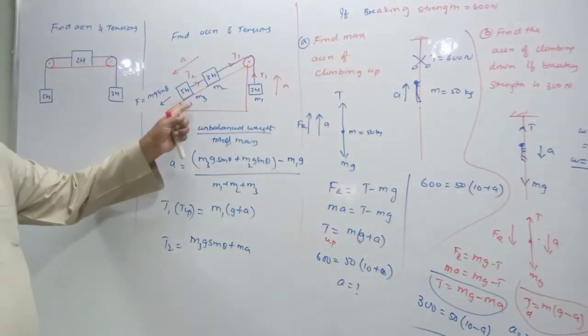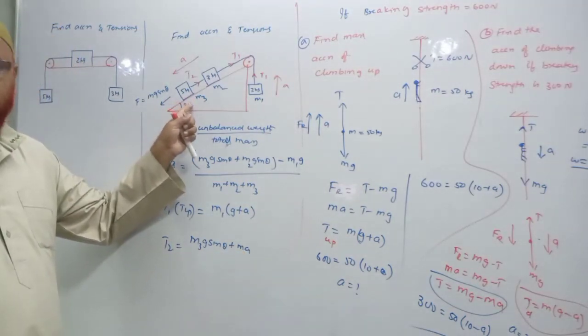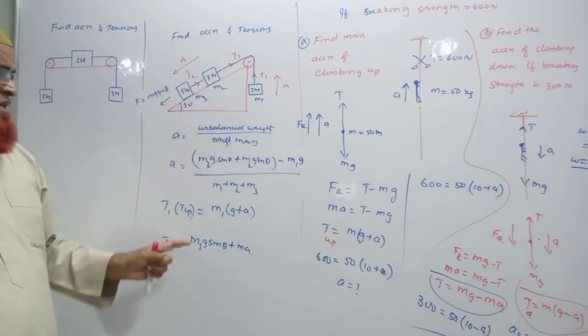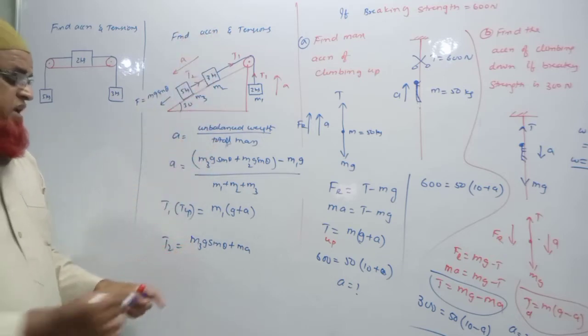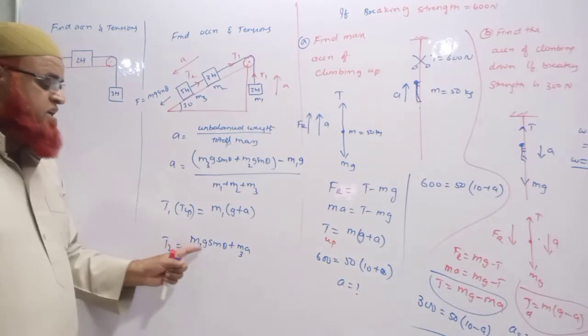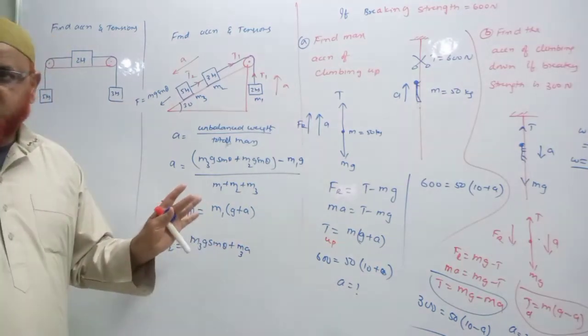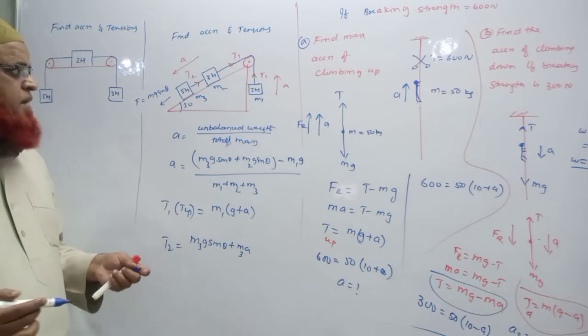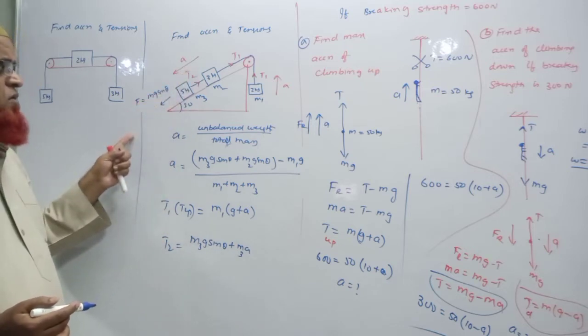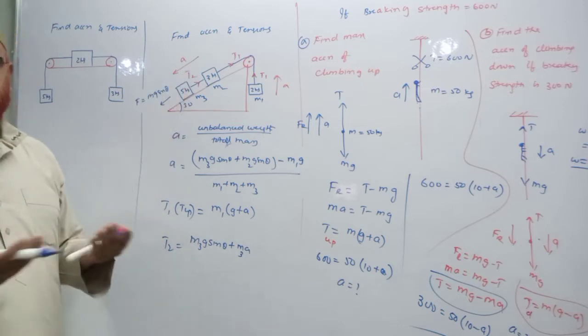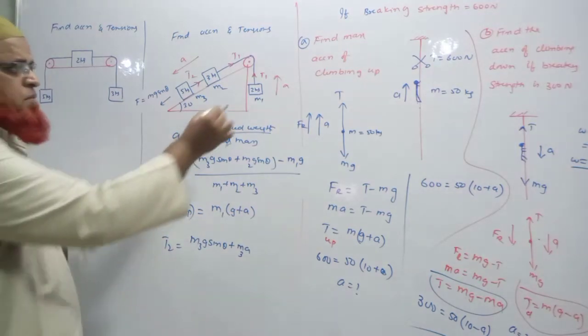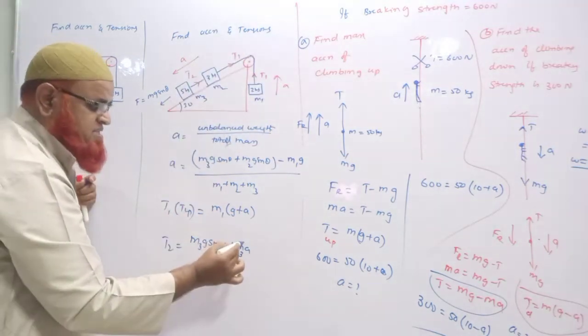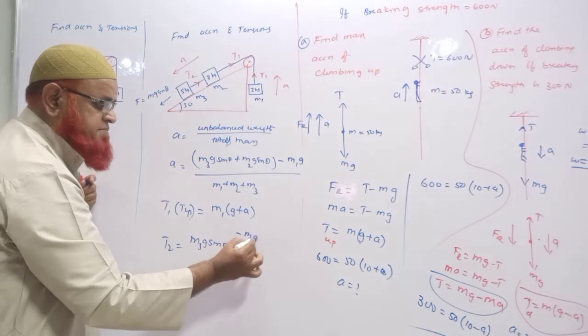Actually, if it was not having any angle, like it was vertically downwards, then what will you do? m3g plus m3a. That's it, no? They will get added up. Understand? But it is coming down, then what happens? They will become subtracted. Because this is going upwards, you will consider this as minus of m3a.